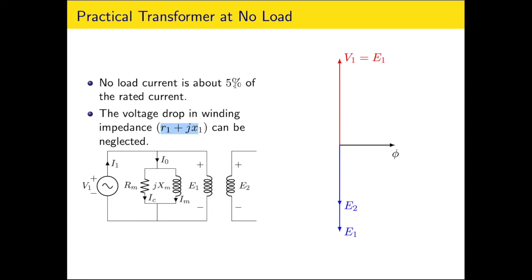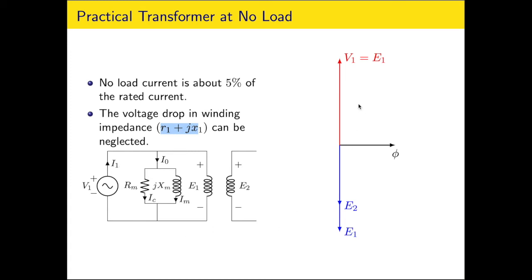So this 5% of the rated current multiplied by the small value of series elements, which account for the voltage drop, can easily be neglected. Once that is neglected, this I0 comes out to be the supply current.